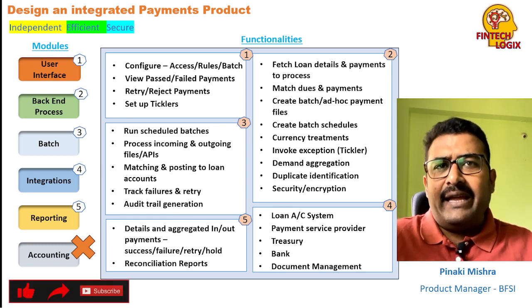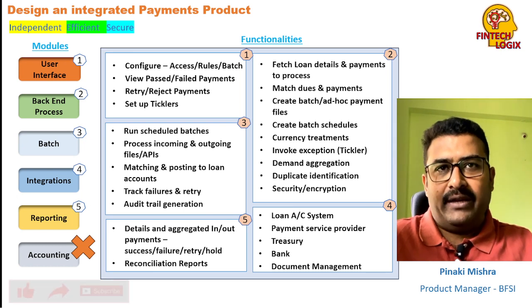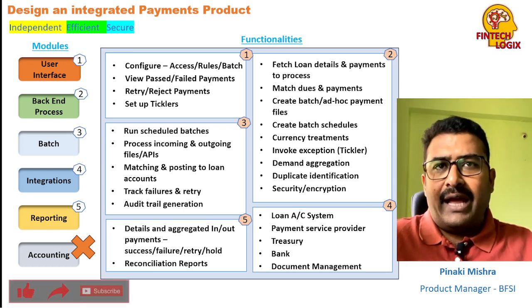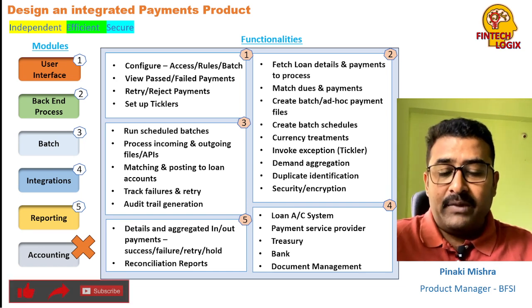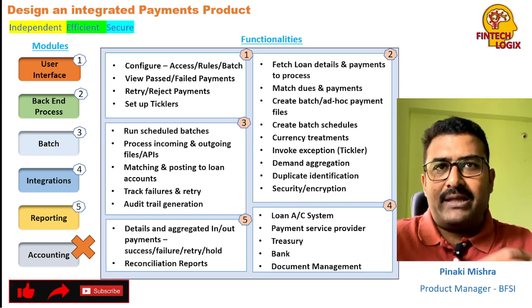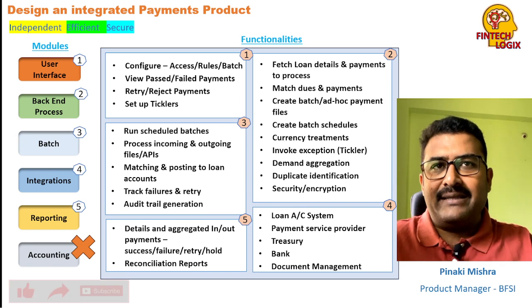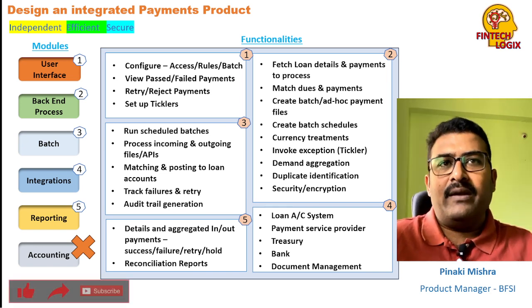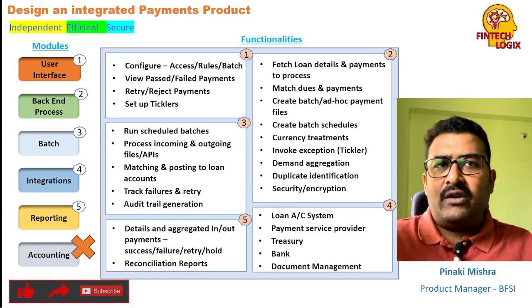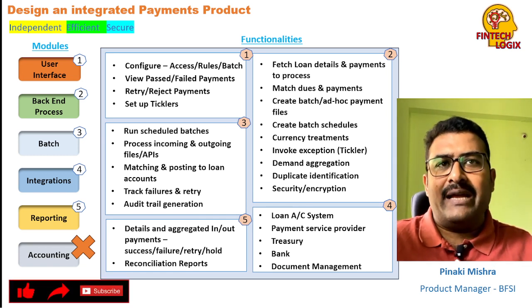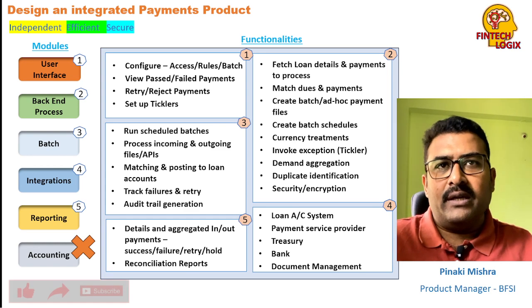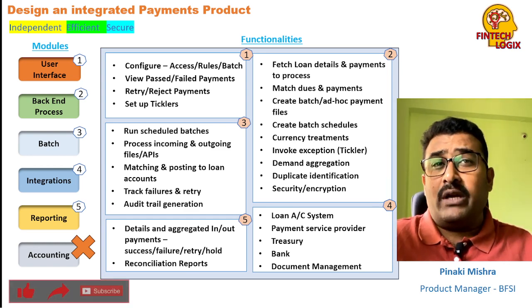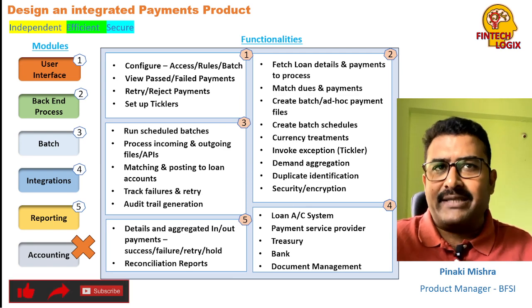Now finally, I have crossed accounting. Normally payment systems do not have to take care of accounting. They integrate with the lending system, and lending systems post the accounting entries to the GL. Unless it is specific scenarios like post loan closure collections or something, accounting is actually not integrated with the payment system directly.